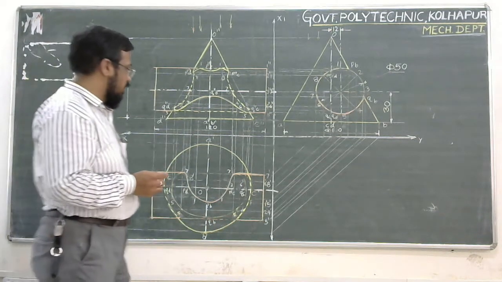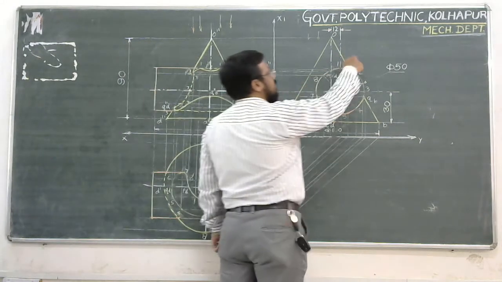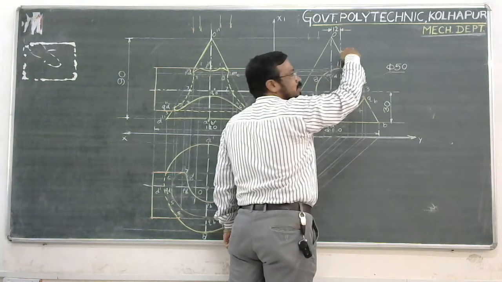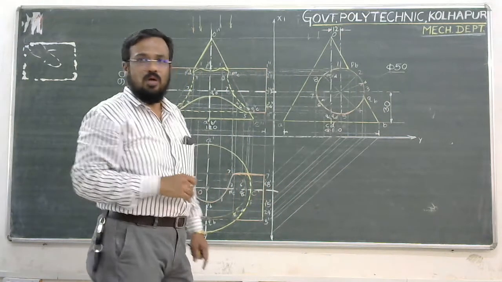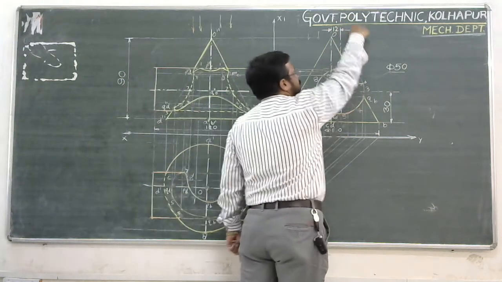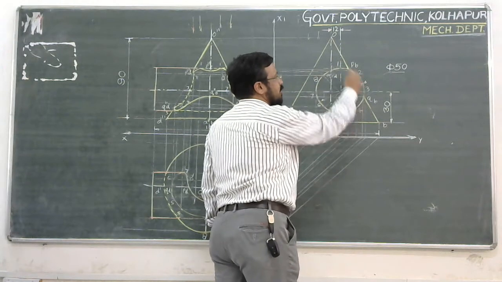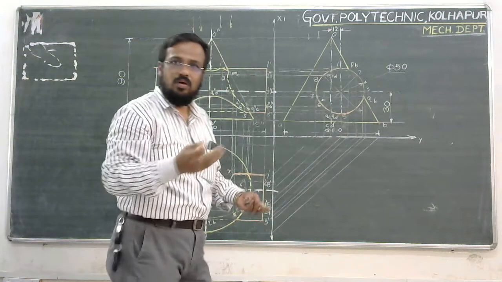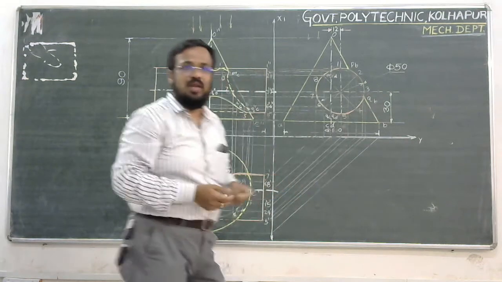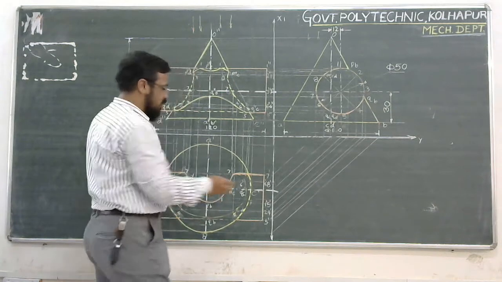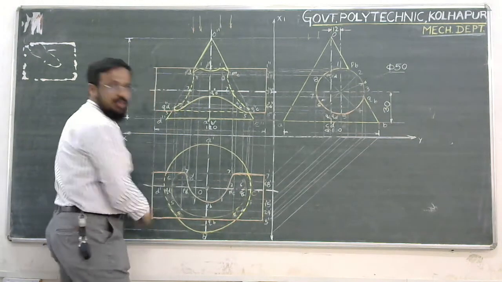For drawing the visibility in the top view, observe this portion of the cylinder by considering the observer's position from the top. When the observer observes this cylinder from the top, remember that this is the surface which has not been cut, or which is outside of the surface of the cone, so it is clearly visible to the observer. That means this whole line will be visible.